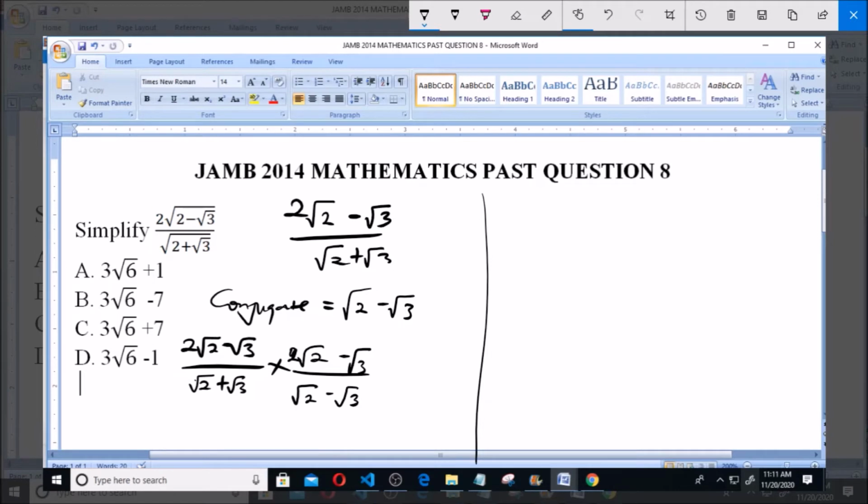So we have (2√2 − √3) multiplied by (√2 − √3) over (√2 + √3) multiplied by (√2 − √3). Now let's take out the multiplication: (2√2 − √3) into (√2 − √3) all over (√2 + √3) into (√2 − √3).